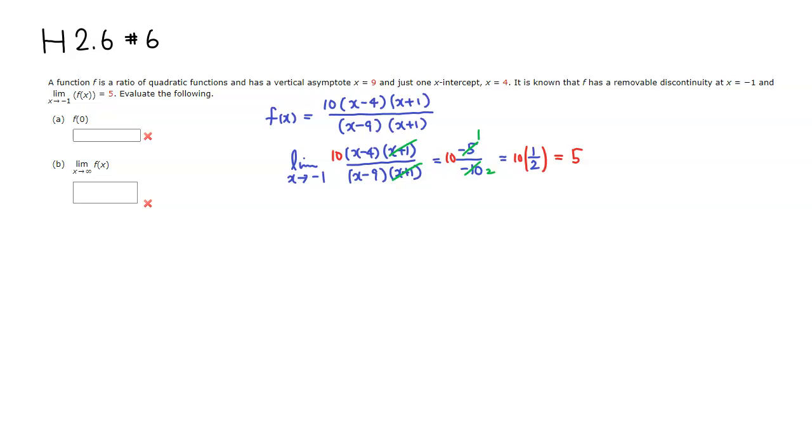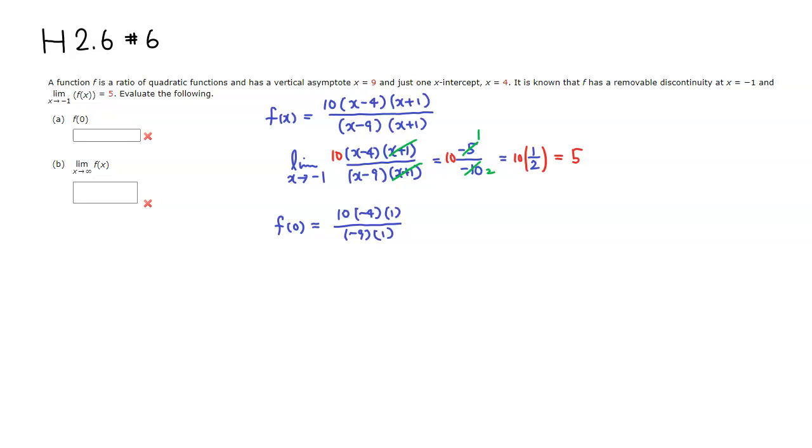So let's find f of 0. Plugging in 0, it's going to be 10 times 0 minus 4, so -4, times 0 plus 1, times 1, over 0 minus 9, so -9, times, of course, 1.